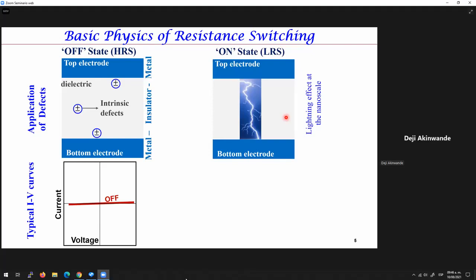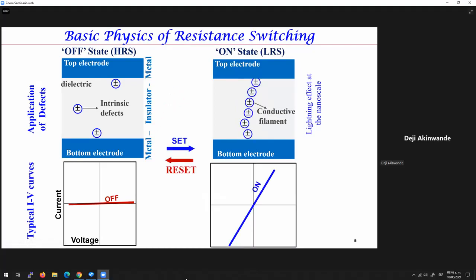I like to think of the memory switching as very similar in analogy to the lightning effect. So in the case of lightning, you consider the sky as a top electrode, the earth as the bottom electrode, and the atmosphere as the insulator. And so on the application of a very high electric field, such as lightning, you get ionization of the atmosphere, and so you get current flowing from the sky to the earth.